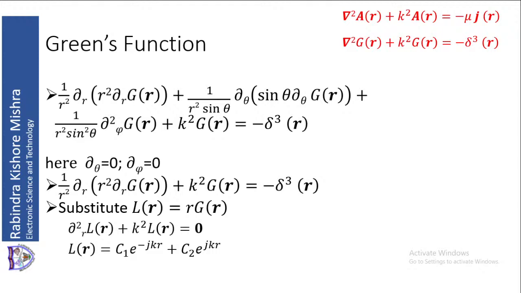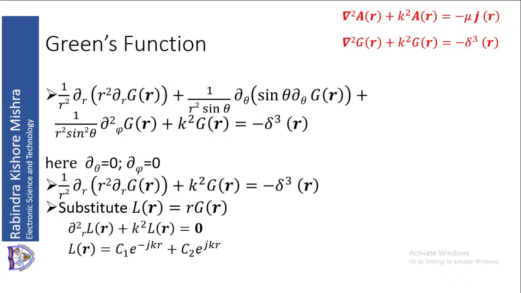Now here what we are doing is we are having a source, and from the source the field is emanating outward. So nothing is coming towards the source. Therefore, the term exp(jkr), which is responsible for inward propagation, will not be there.